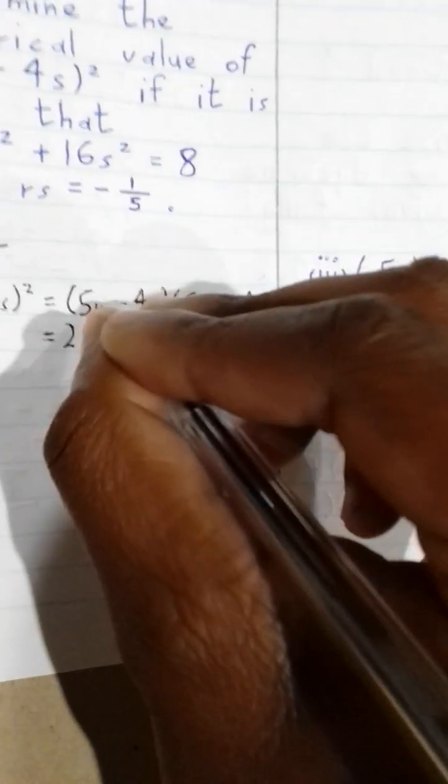Negative 4s times 5r is minus 20rs. Negative 4s times negative 4s: negative times negative is positive, 4 times 4 is 16, s times s is s squared.